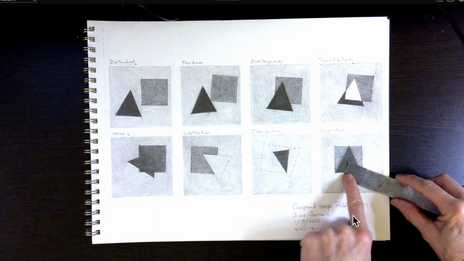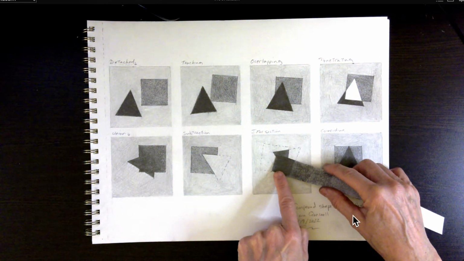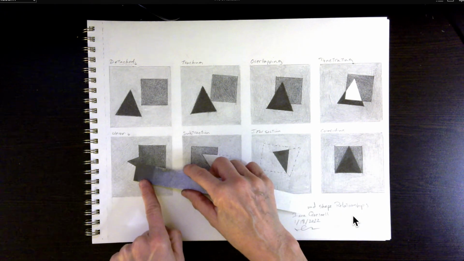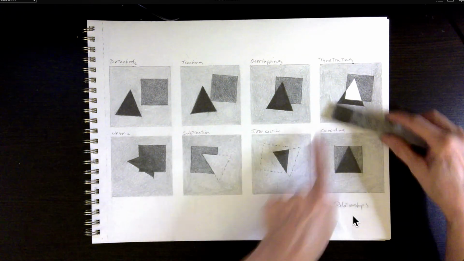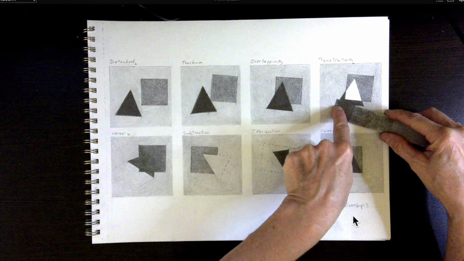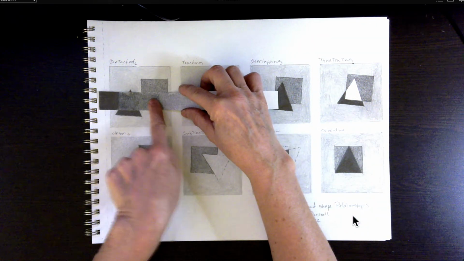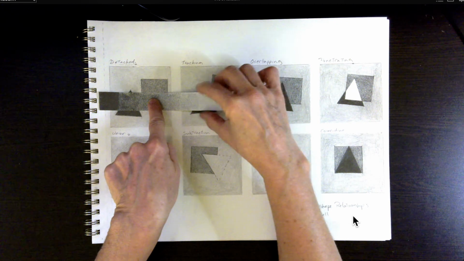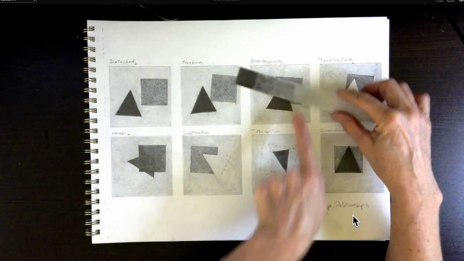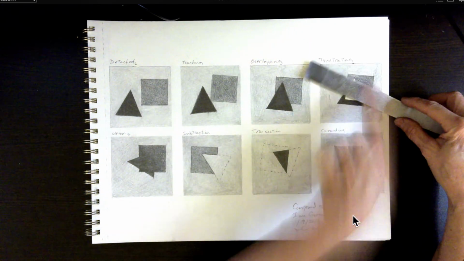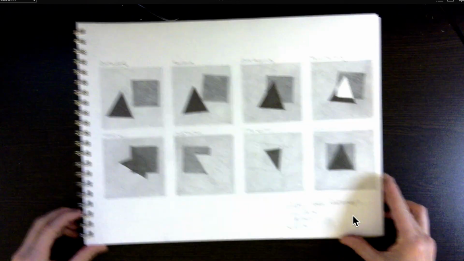You see how I'm using the value scale as a tool to line it up against the values that I've rendered to make sure that they match the value that you were asked to shade. And then the squares are about a 6, 7. So each square is a consistent value.